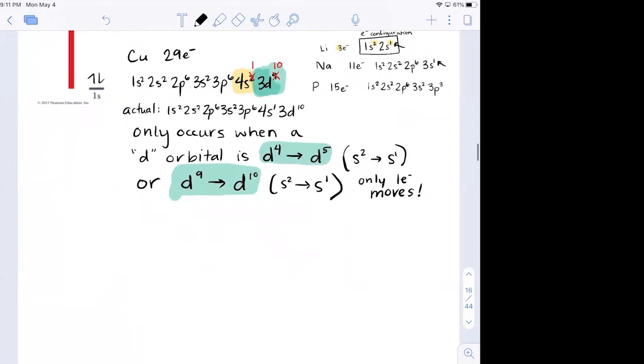Also, chromium. Chromium has 24 electrons. If we were to predict, we'd see the 1s2, 2s2, 2p6, 3s2, 3p6, 4s2, 3d4.